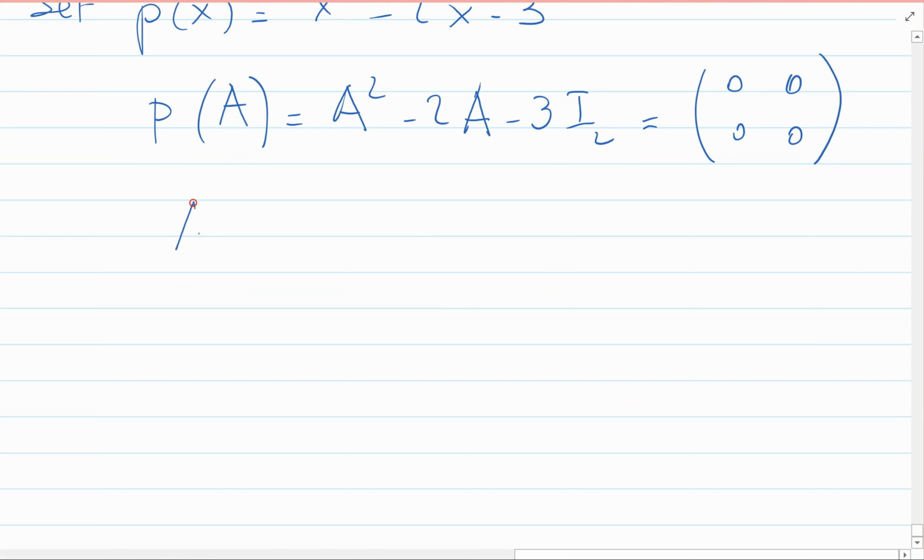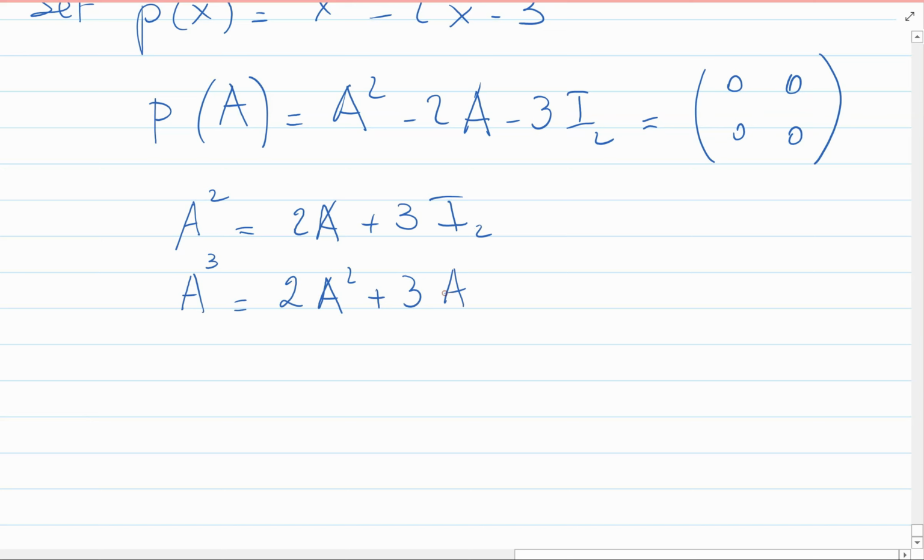What is A squared? Knowing this, A squared is equal to 2A plus 3I. So what about A cubed? It's going to be A squared times A, which is 2A squared plus 3A.